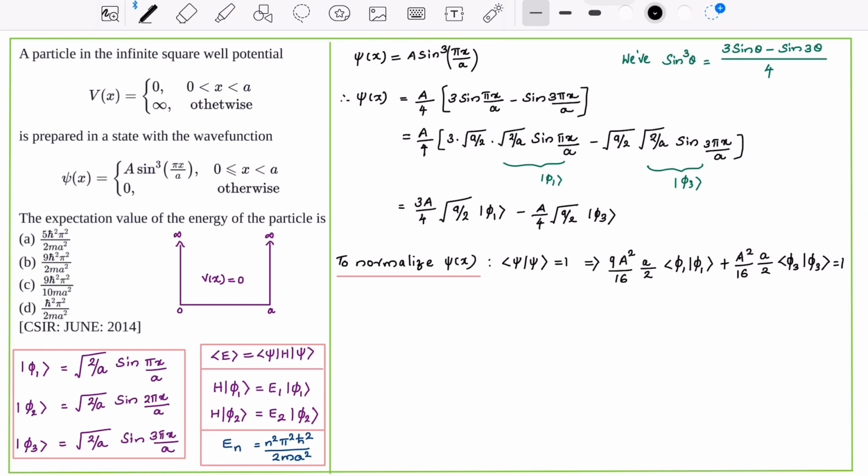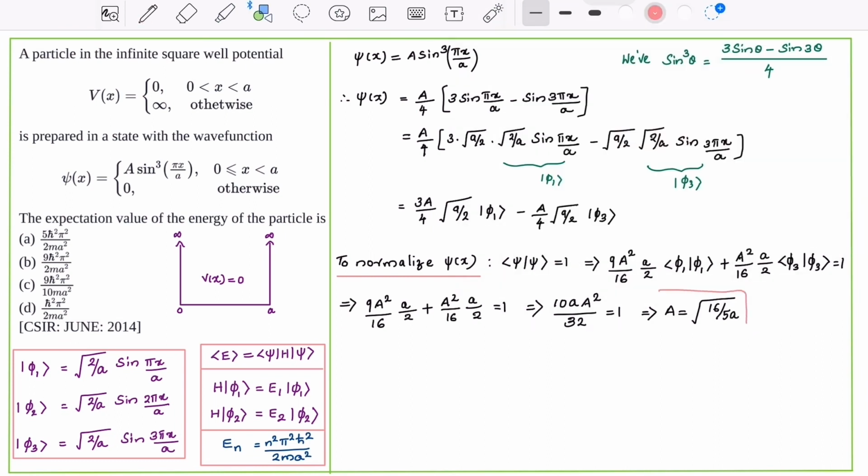The inner product of phi 1 with itself is 1, so the first term is 9A squared by 16 times a by 2. The second term is A squared by 16 times a by 2, since the inner product of phi 3 with itself is also equal to 1. Therefore, 10A squared divided by 32 equals 1. This gives A equal to root of 16 by 5a. This is our normalization constant.